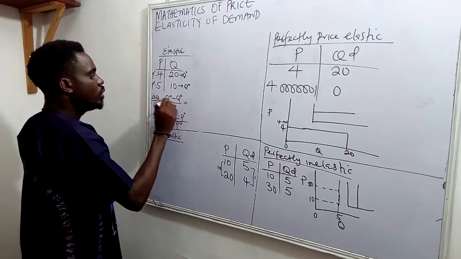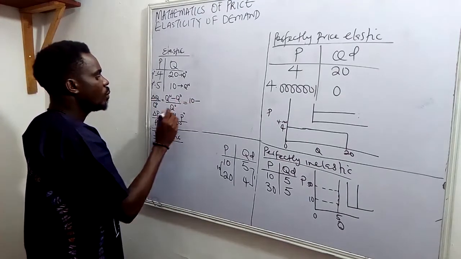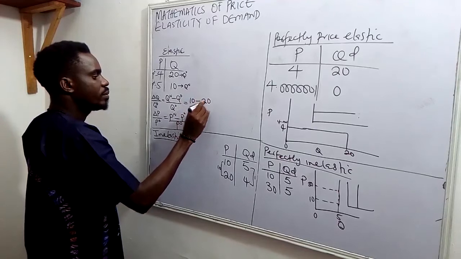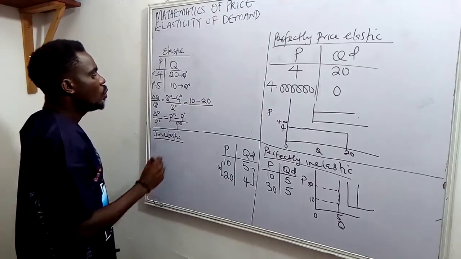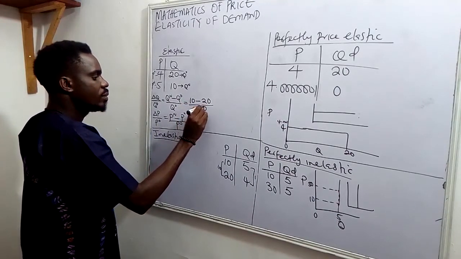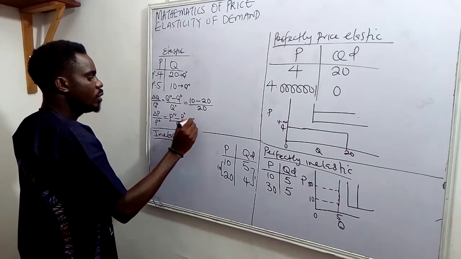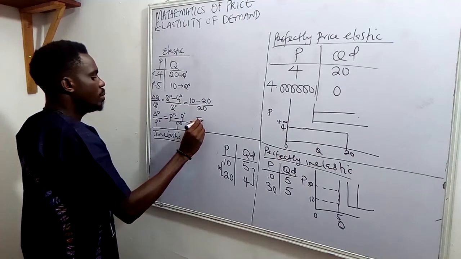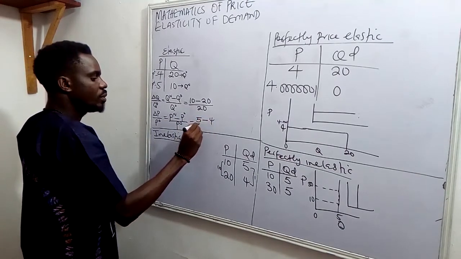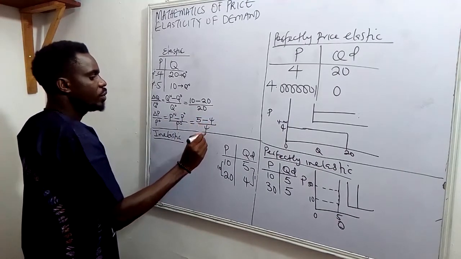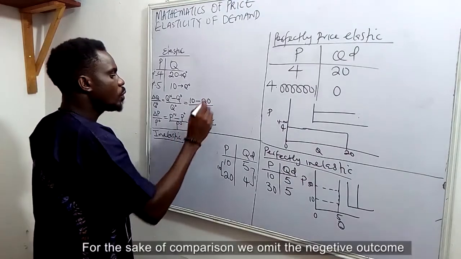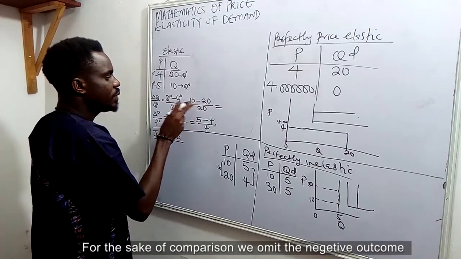As such, the new quantity is 10 while the old quantity is 20, divide old quantity 20, while the new price is 5 minus old price 4 divide old price 4. For the sake of comparison, we omit the negative sign.